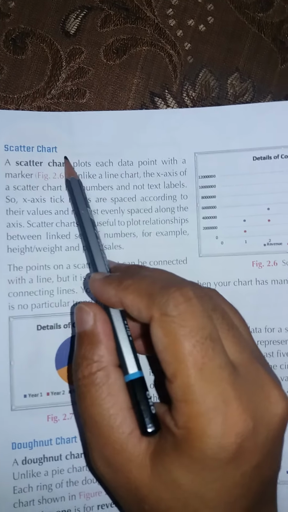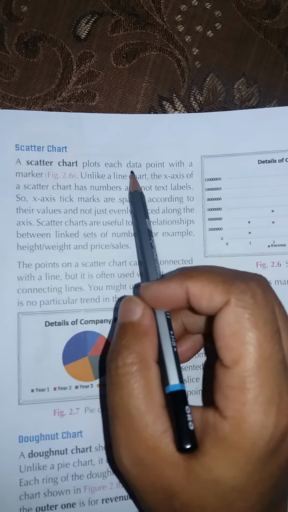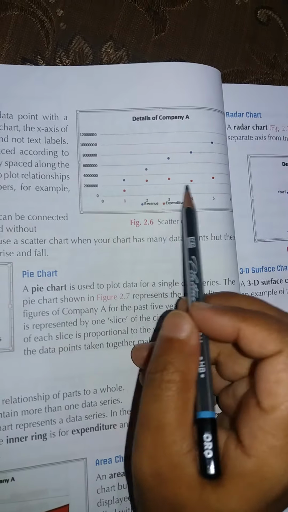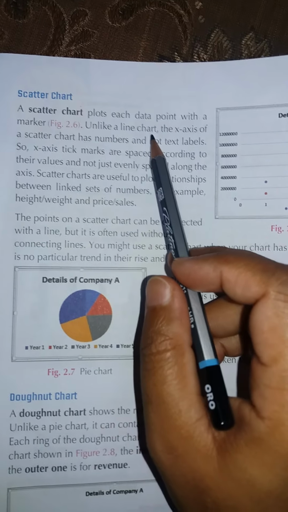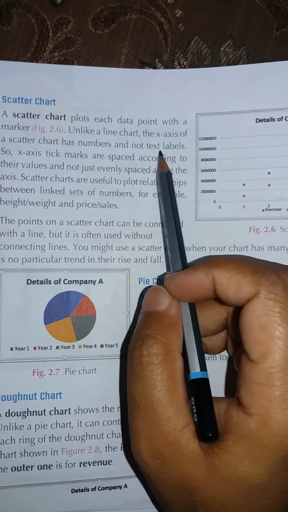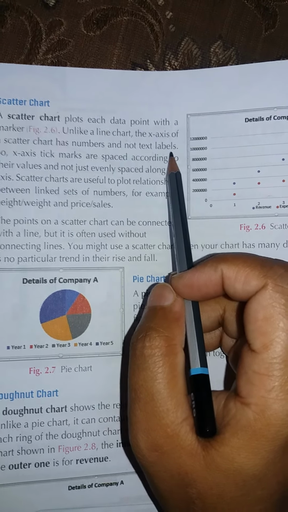Here is scatter chart. A scatter chart plots each data point with a marker as in figure 2.6. This is scatter chart. Unlike a line chart, the x-axis of a scatter chart has numbers and not text labels.